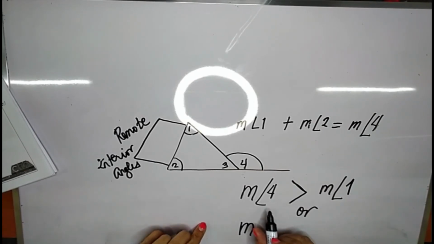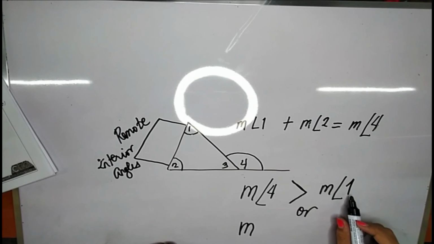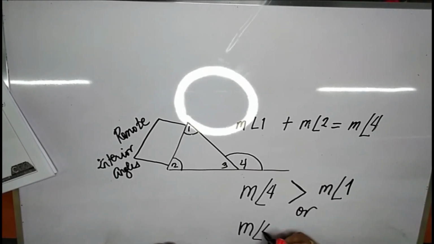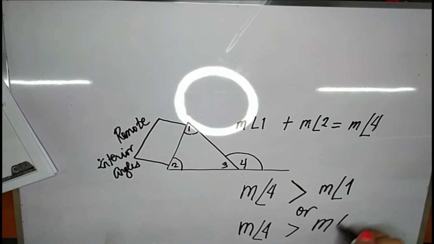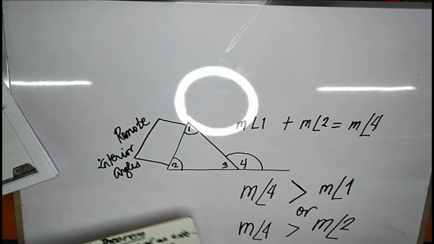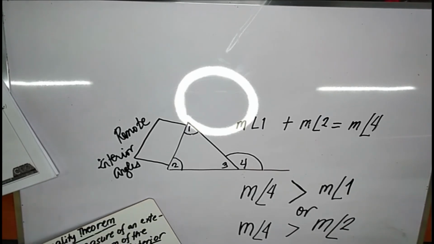So measurement ni angle 4 is greater than measurement of angle 1 or measurement ni angle 4 is greater than the measurement of angle 2. Okay, do you believe that? Ano ka na siya? Okay, that is according to the theorem and we will discover that through examples kung tinuod ba siya.